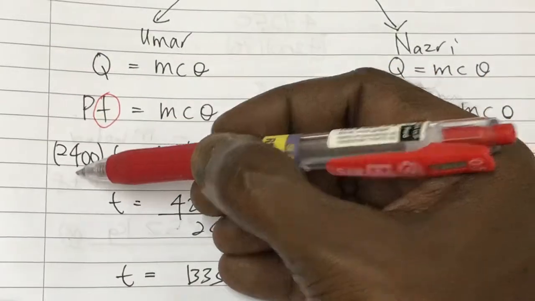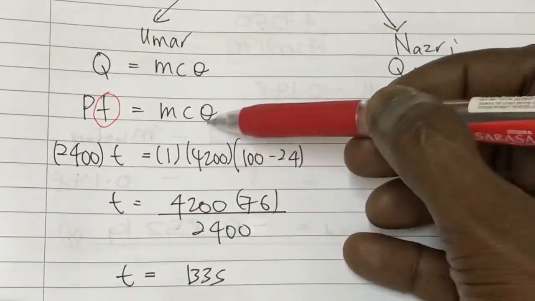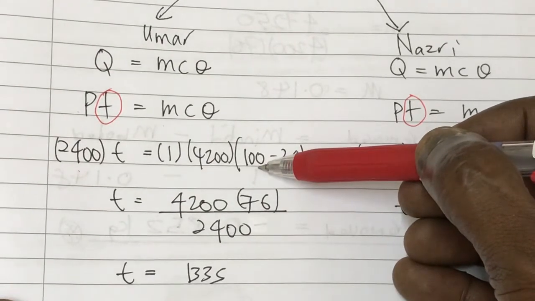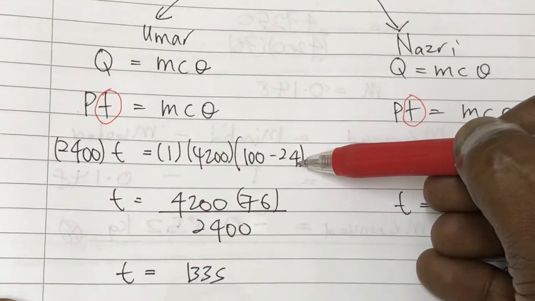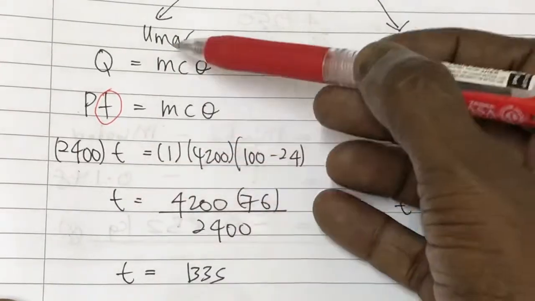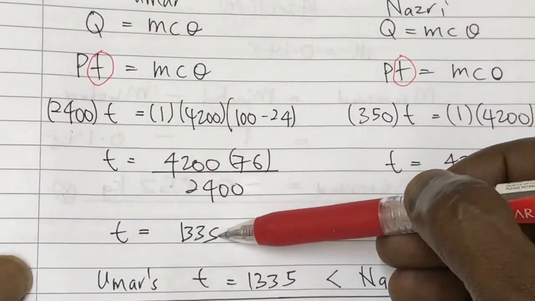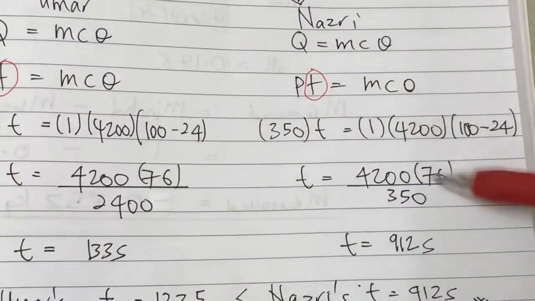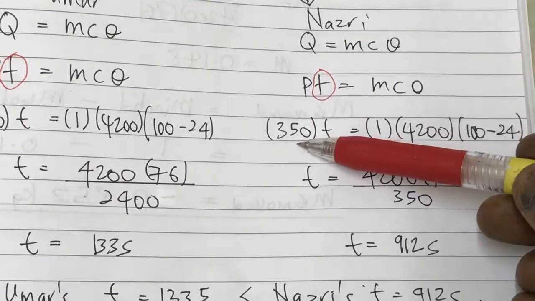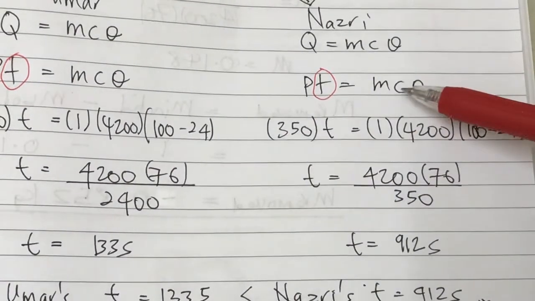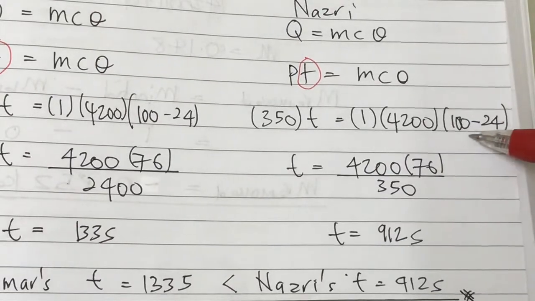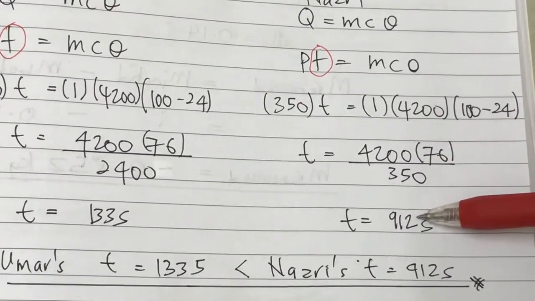The power, substitute, mass, C, change in temperature was 100, the boiling point, final temperature, minus the initial 24. So for Omar, I got T as 133 seconds. Repeating the same thing for Nazri, the power was 350, mass was still the same, the C is still the same, again change in temperature 100 minus 24, I get 912.